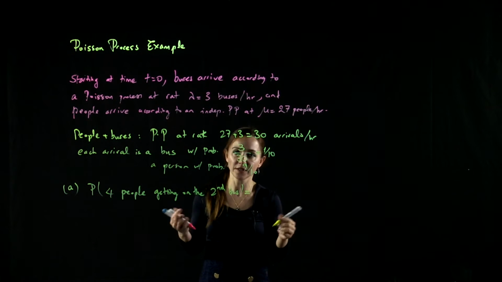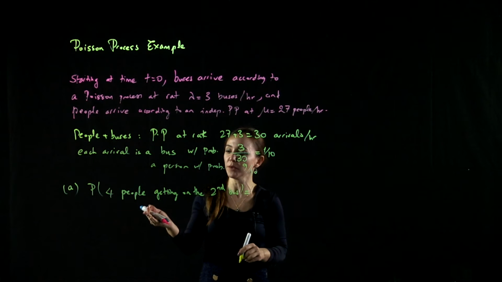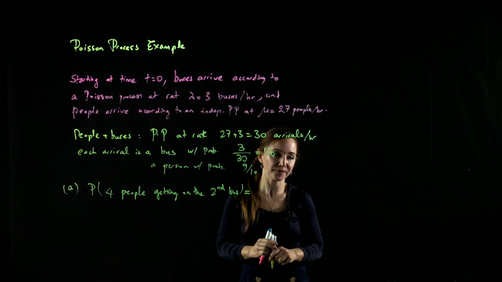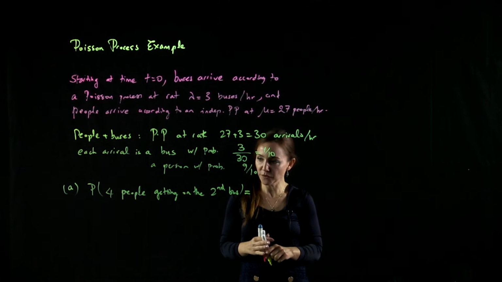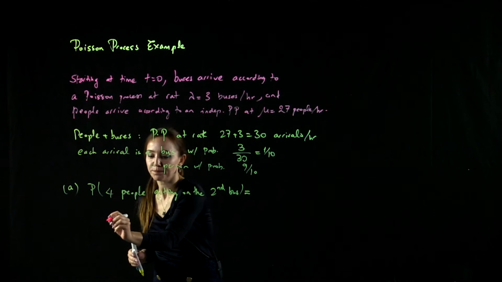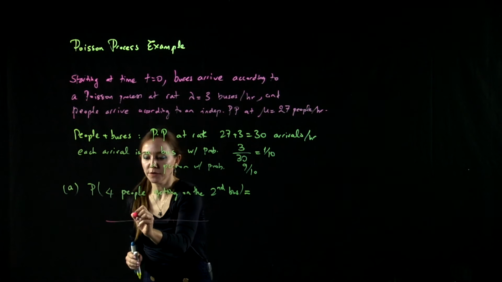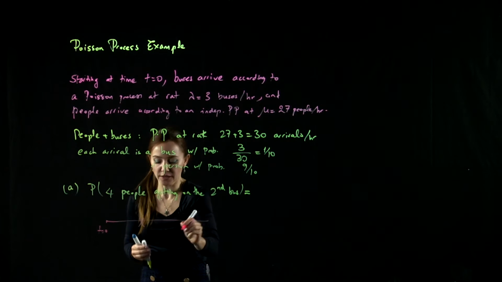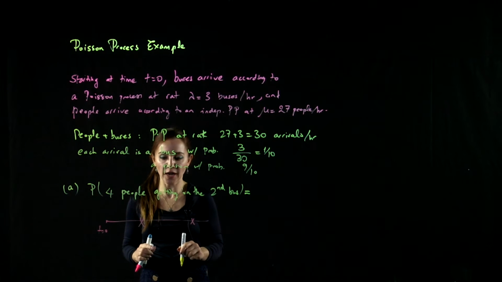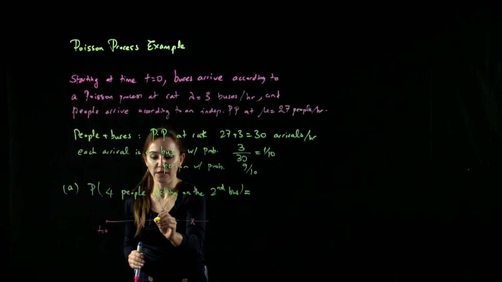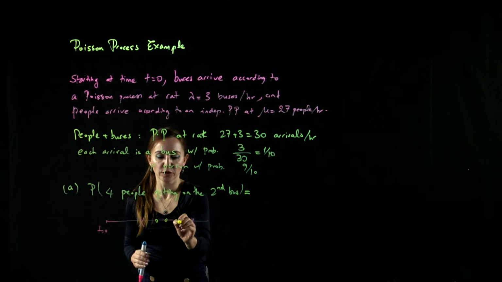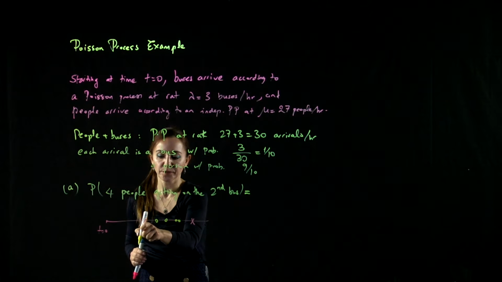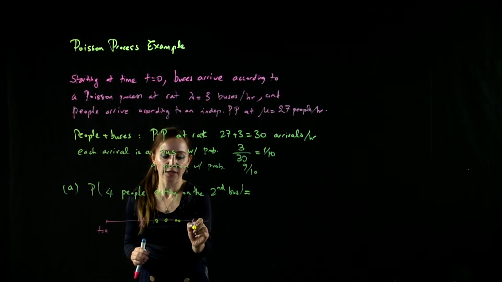So under this assumption, what is the probability that 4 people get on the second bus? If you think about this event, this is time t equals 0. This is the first bus. This is the second bus. And we are asking for basically 4 people to arrive in between the first and second buses.